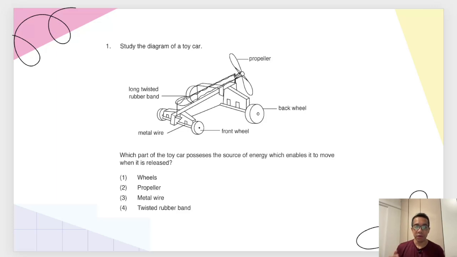And again, using the logic we used earlier, if the propeller spins for a lot longer, the toy car would also cover a longer distance. That's why the answer for this question is number 4, which is the twisted rubber band is the source of energy.